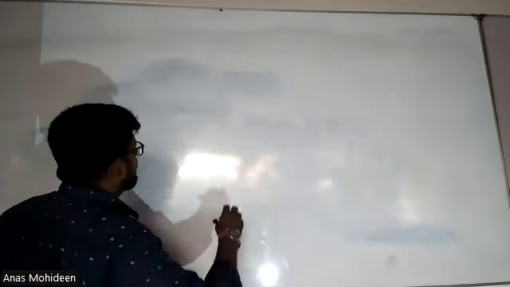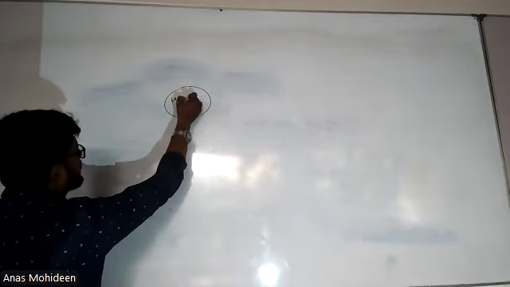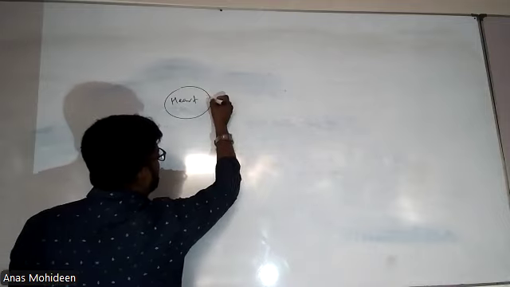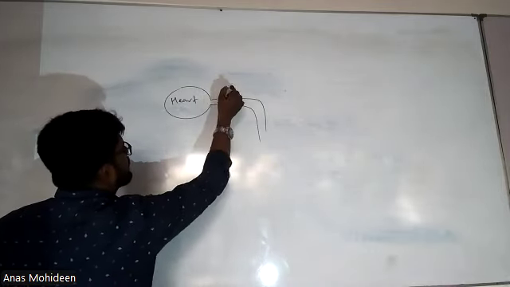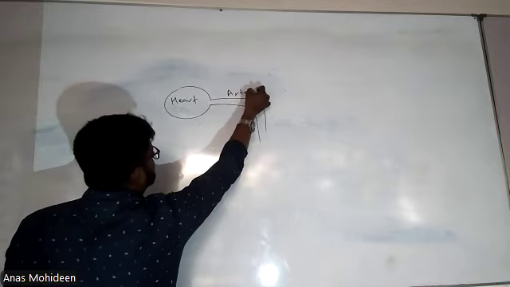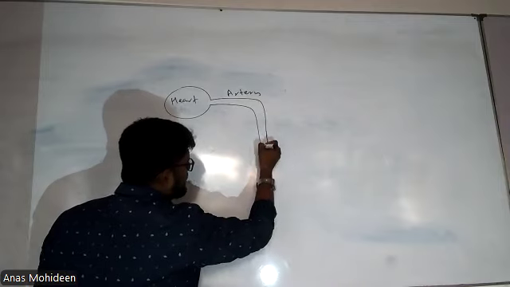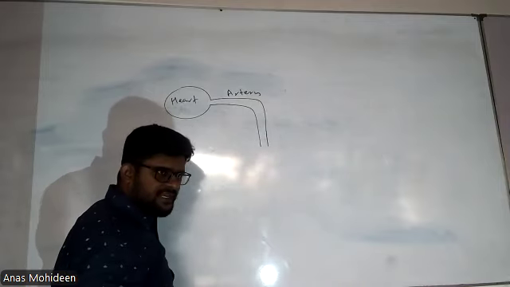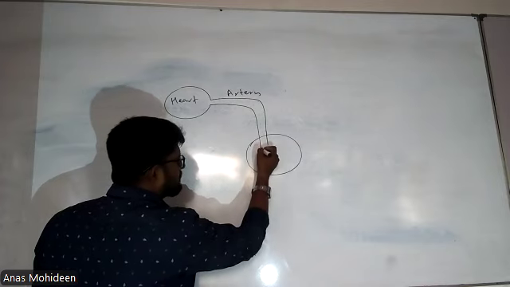Now let's say you have the heart here. From the heart, blood is supplied and taken by your artery. The artery takes the oxygenated blood towards the living tissues, right? Now, this is a place of the tissue.